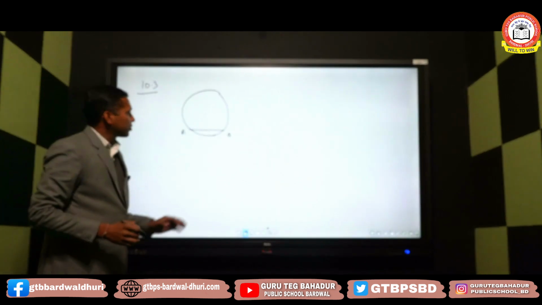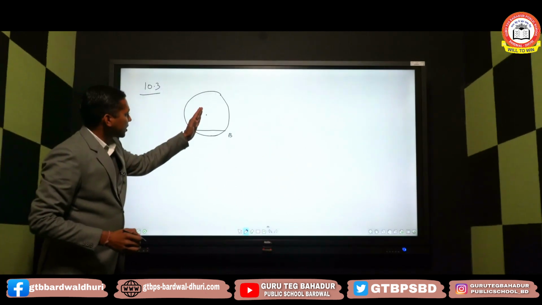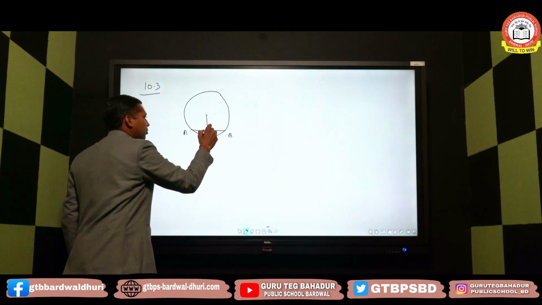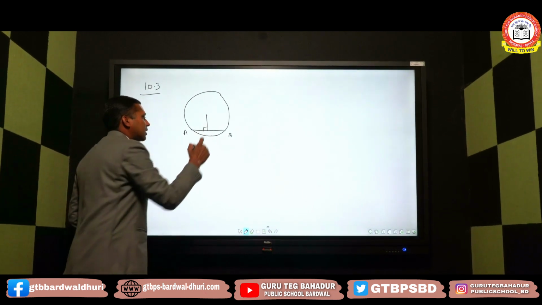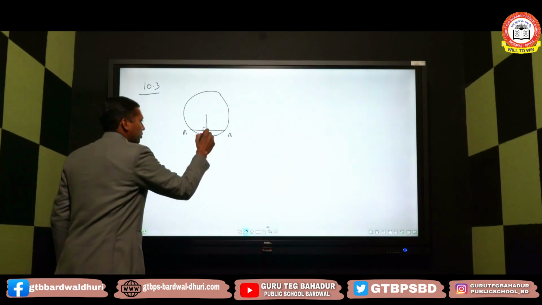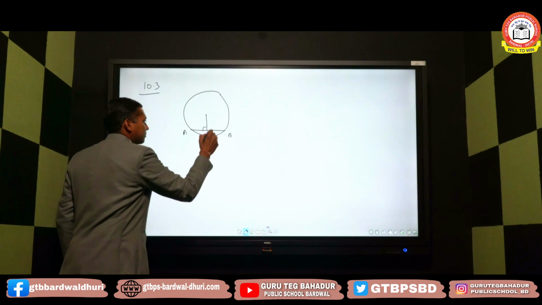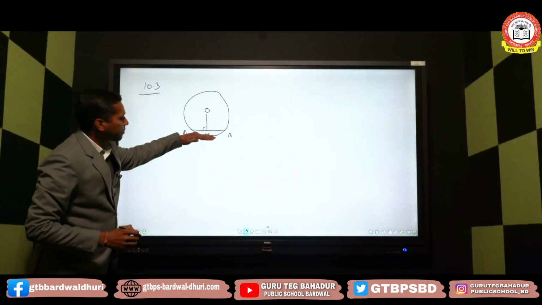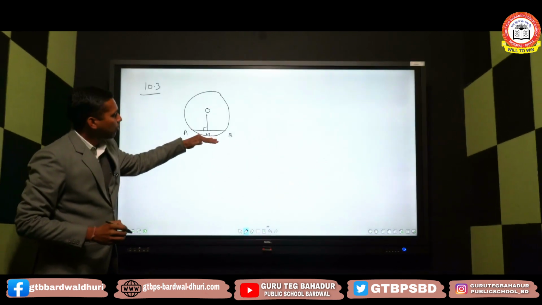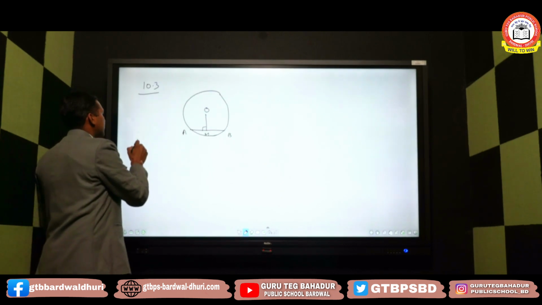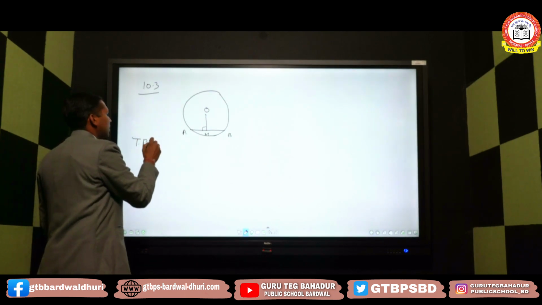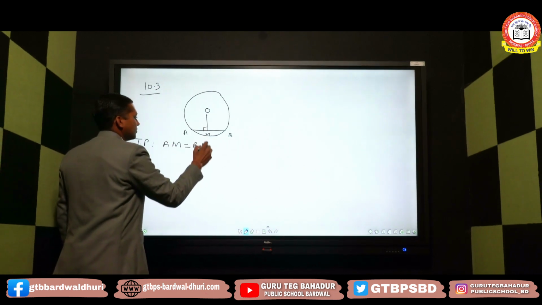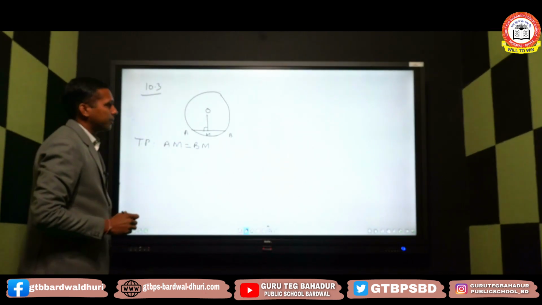According to theorem 10.3, if a line from the center of the circle to a chord is perpendicular, then definitely this line bisects the chord. Let this point be M and the center of the circle O. A line from the center of the circle to the chord, if perpendicular, will bisect the chord. Therefore we have to prove AM is equal to BM.